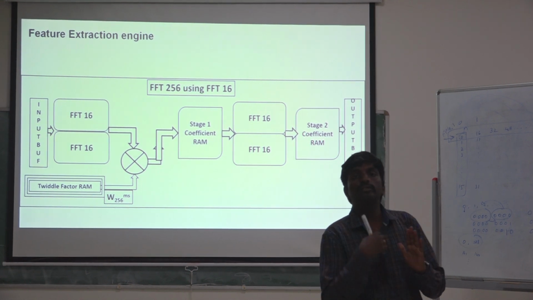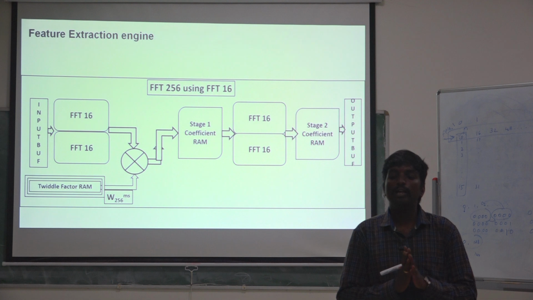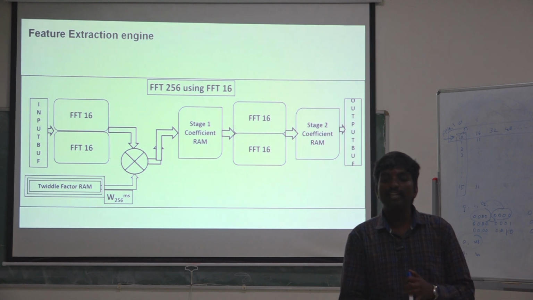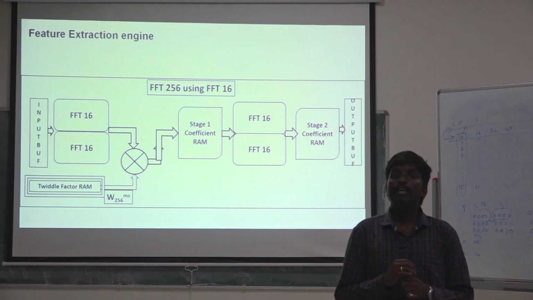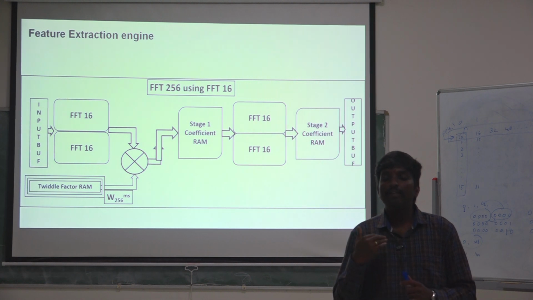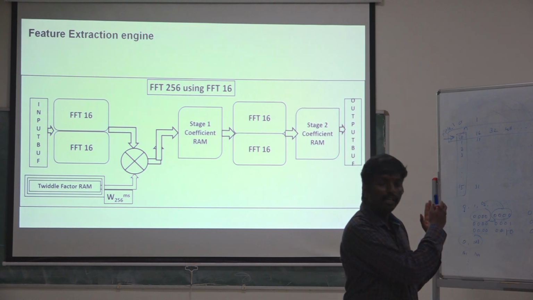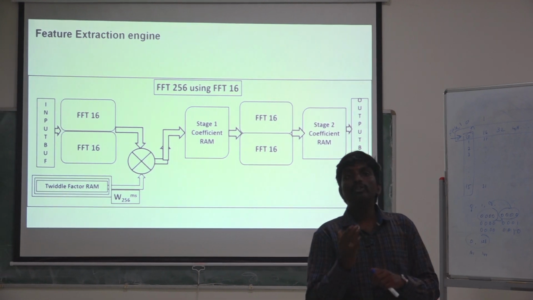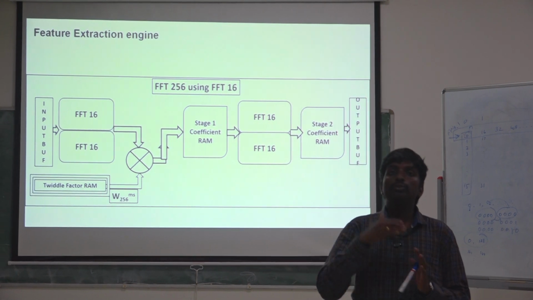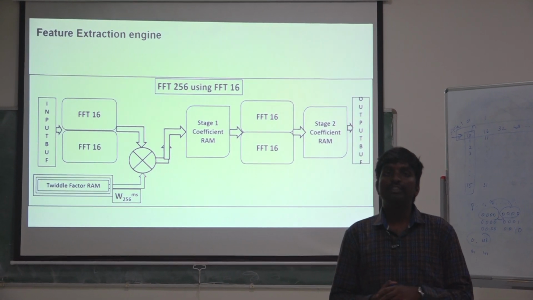Once we change it into row column inverse order, the stage 2 FFT of 16 for the 8 kilohertz, or the FFT 32 for the 512 kilohertz, will be computed with the same procedure we explained for stage 1. Once these two are completed, again it has to be stored in the stage 2 coefficient RAM.